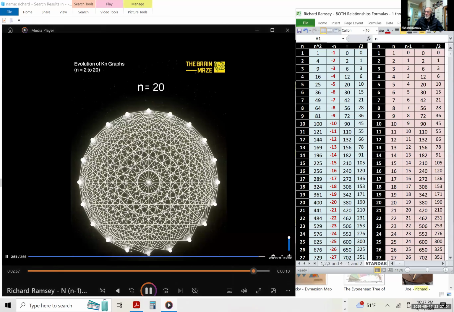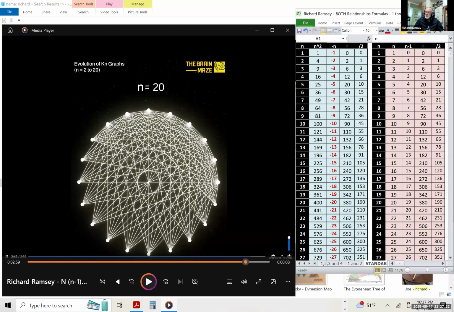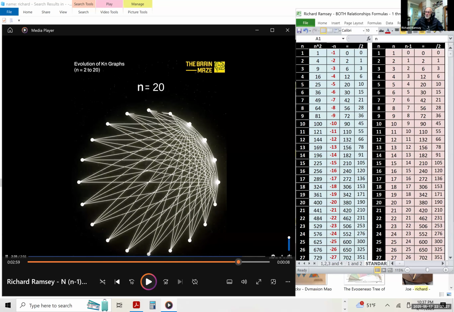The odd numbers give you a kind of polyhedron center with as many edges as there are n's, and the even numbers give you a starburst effect, and the spokes of the starburst are equal to the number of n's.